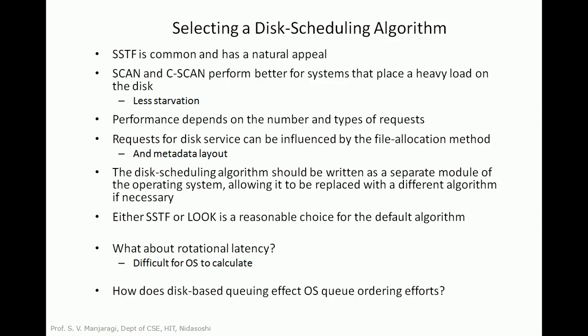Basically, the performance of the algorithm depends on the number and types of requests. If the number of requests is small, the algorithm definitely performs better. If there are too many requests, it will suffer. So in that case, it is better to go for either scan or C-scan because they perform better if too many requests are made.